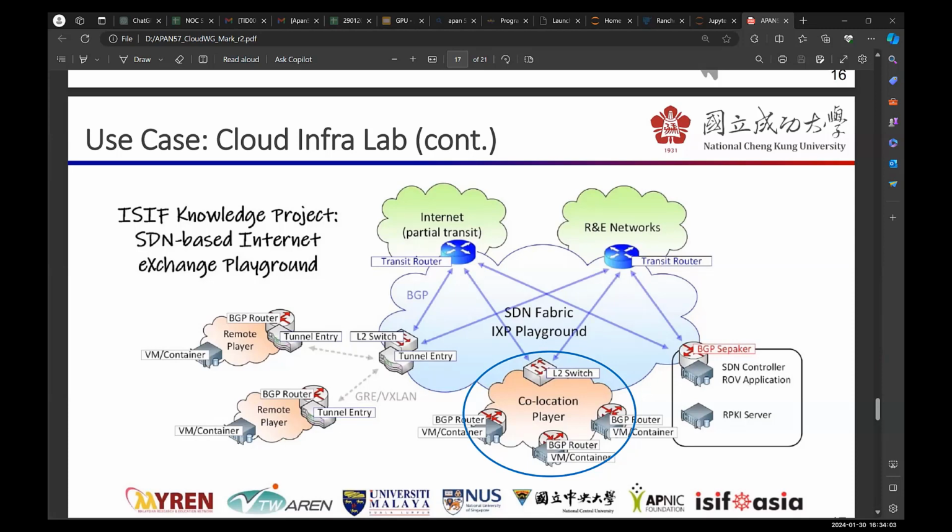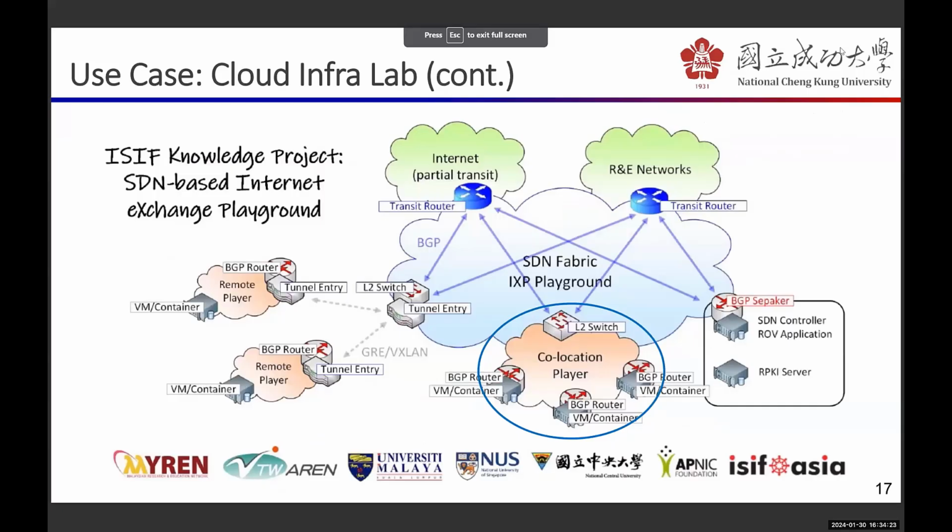So we may need some software routers or software hosts to collect the RIB information, then reduce the route prefix information and put it into the P4 switch.